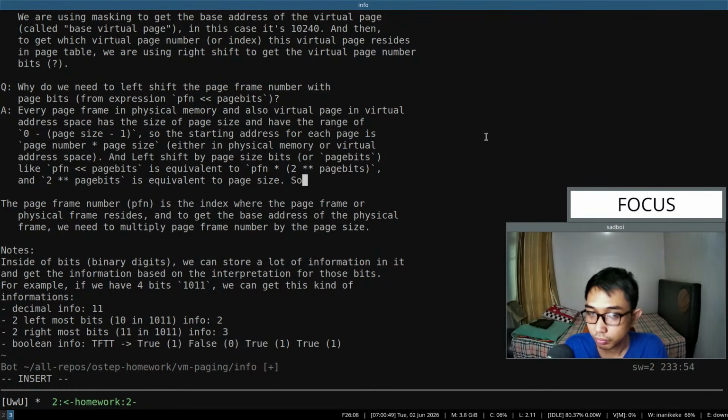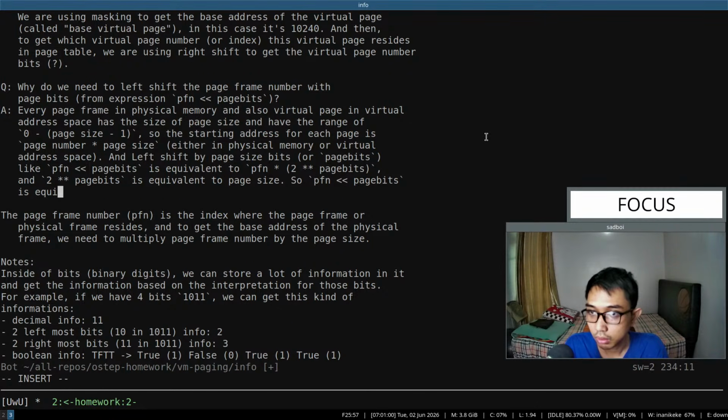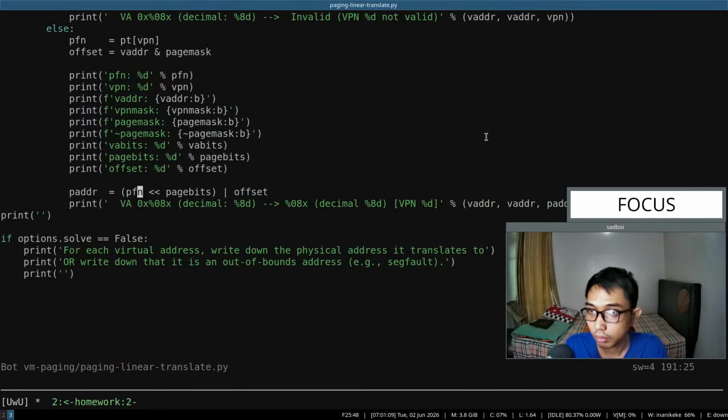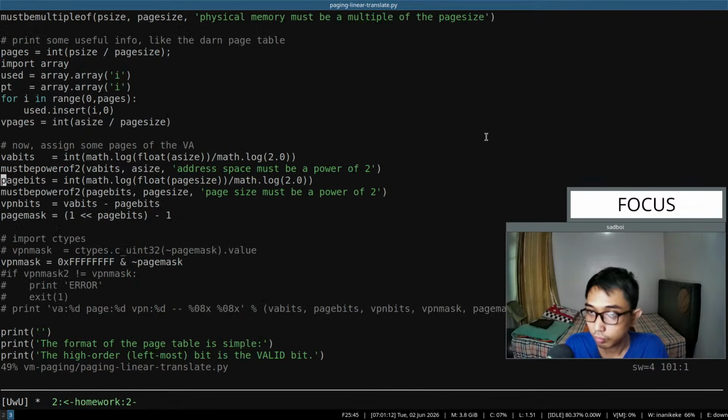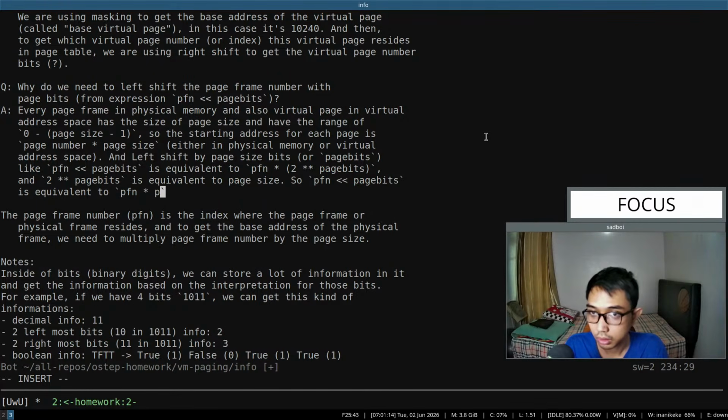So PFN left shift page bits is equivalent to PFN multiplied by page size. Okay, something like this.